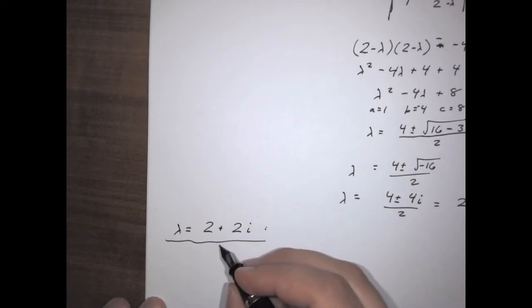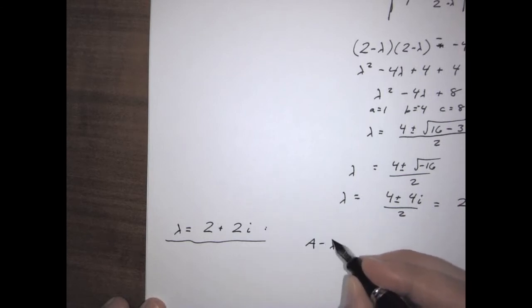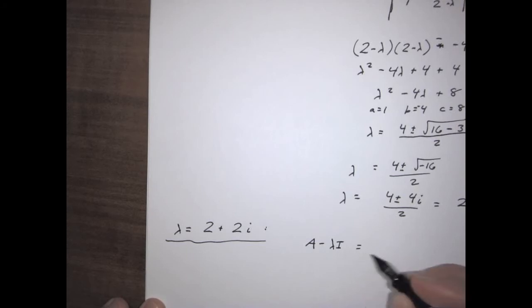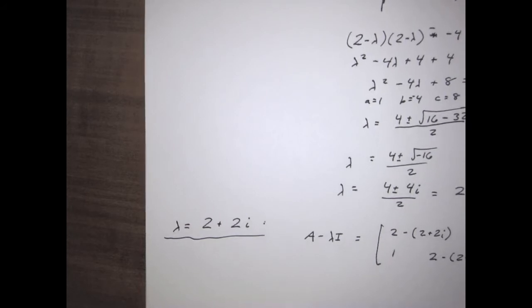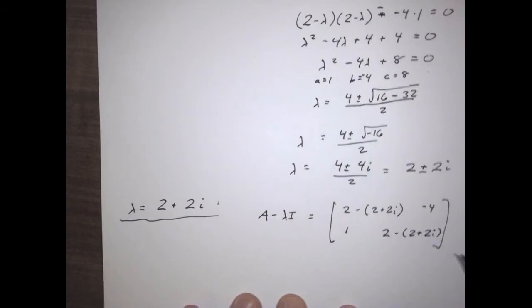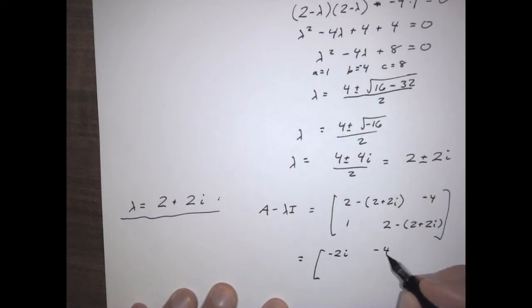Okay, so 2 plus 2i, and that's going to mean when we do A minus lambda I that we're going to be dealing with 2 minus 2 plus 2i, and then negative 4, and then 1, and then 2 minus 2 plus 2i. And then a little bit of cleanup, and we're going to have just a negative 2i and a negative 4.